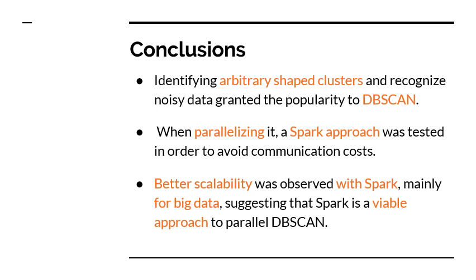The new proposed approach not only uses Spark to avoid communication costs, but also proposes a new way to merge the partially generated clusters. The lack of communication between executors leads to better scalability than the state-of-the-art MPI-based approaches, mainly when the quantity of data is big, suggesting that Spark could be a viable approach to use parallel DBSCAN.